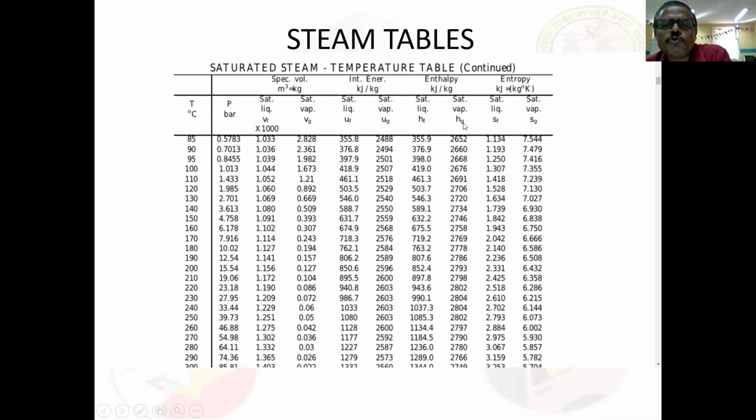Instead of that, HG is shown, that is the enthalpy of the dry steam, and that is also increasing. So if you increase the pressure, sensible heat increases and latent heat of vaporization decreases. That is an important point. You can check it in your steam tables also. You are supposed to purchase the steam tables because you are going to solve many problems using them.